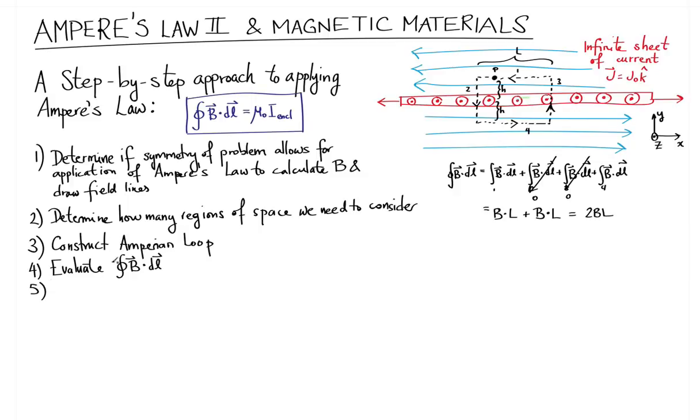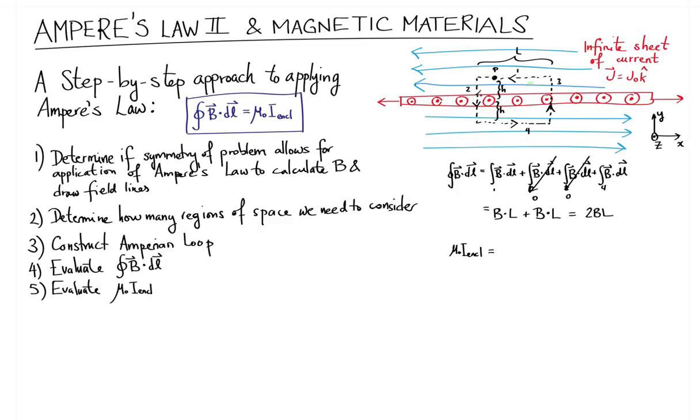So step 5 is to evaluate the right side of the equation, mu naught I enclosed. We know that the current density here is J naught coming out of the screen. To get the total current, we have to multiply that by the length.